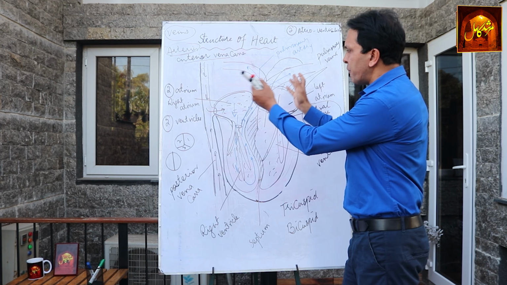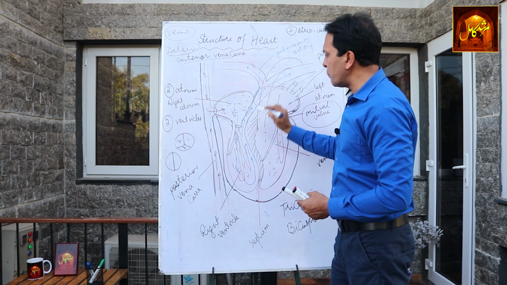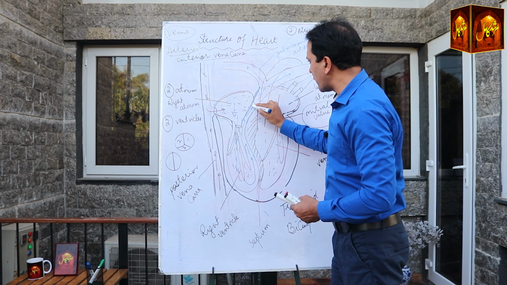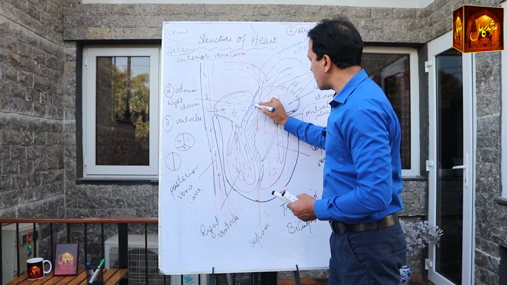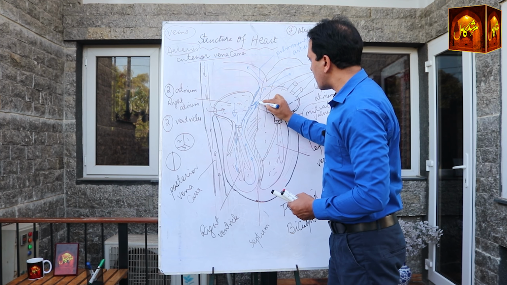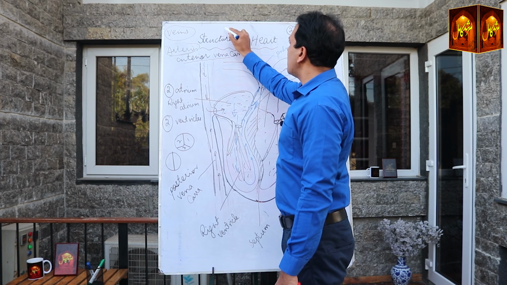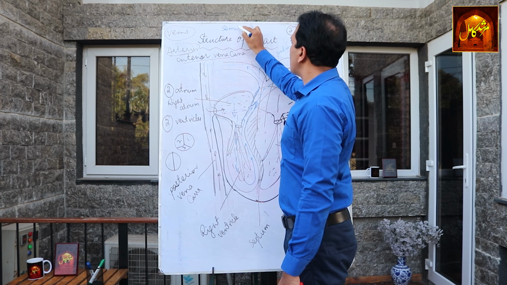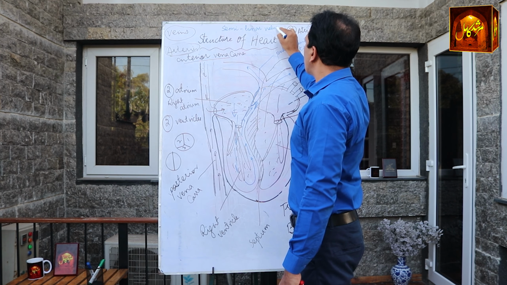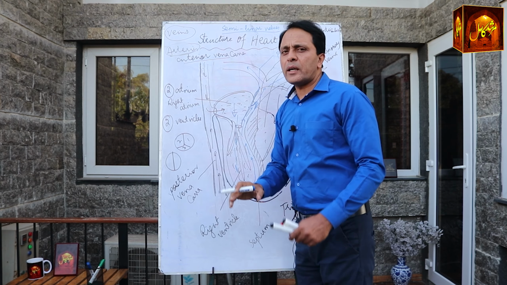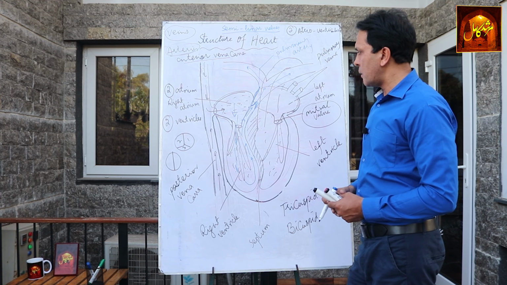The pulmonary artery will be bifurcated towards both of your lungs. Over here, when blood enters, again we have valves. These valves are called semilunar valves. They are like a half moon, that's why they are called semilunar.